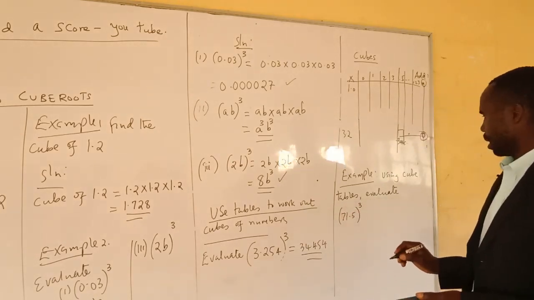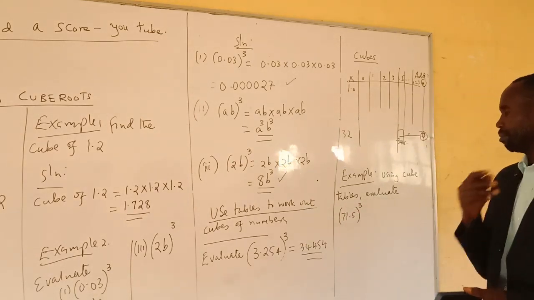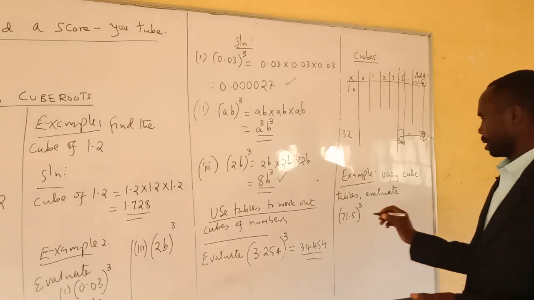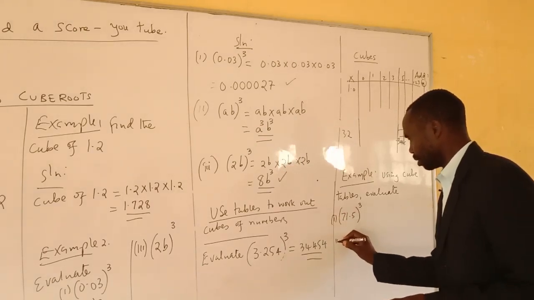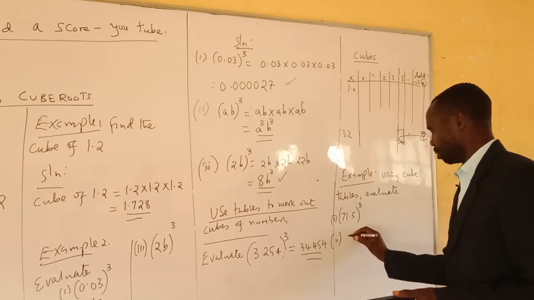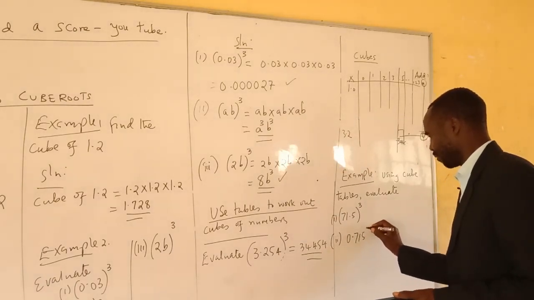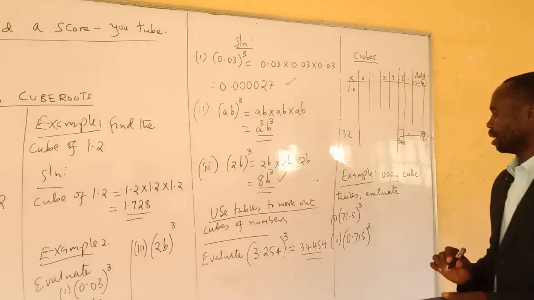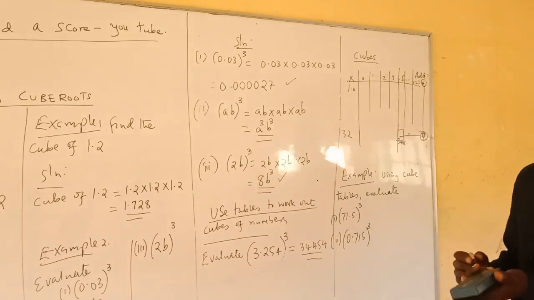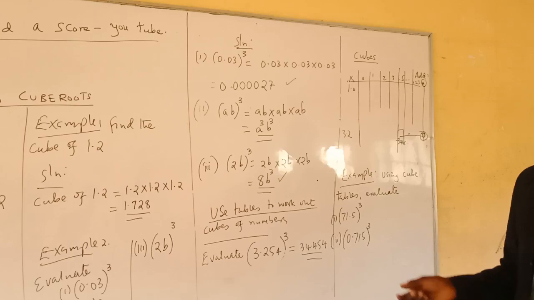This is the problem. This problem here is extremely easy. This is part 1. Part 2 of it is when you will be told 0.715 to the power 3. So when you are given one of the two problems, you will solve them easily.